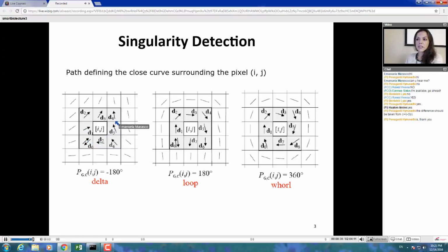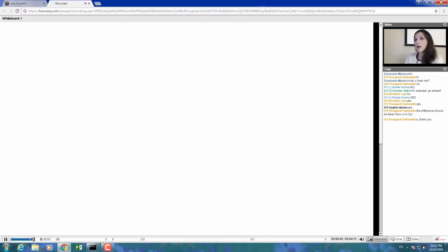So we saw together an example of no singularity and an example of loop, so we can consider one more, and I can use the whiteboard. Right? So I have here the book. You also have chapter 2 where I took the exercise. So we can go through the data together, for example, the details of the data.